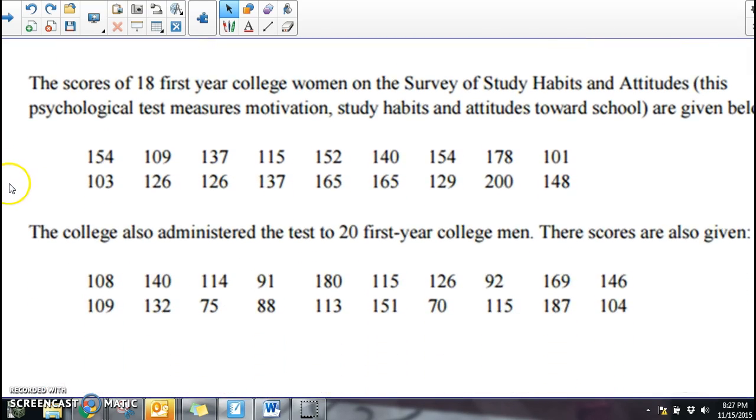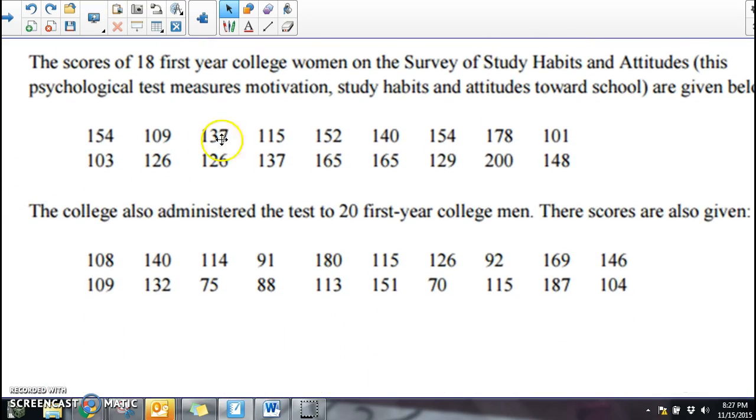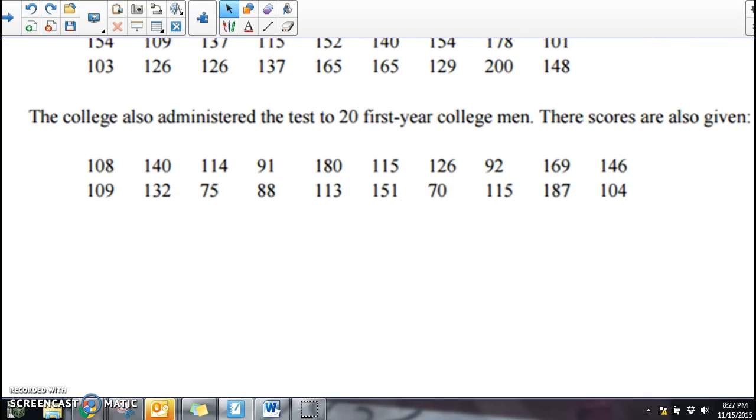So what I have is an example of actual data about women and then men. So I'm going to take you through how to build them, one about men, and then I'm going to show you how we do a back-to-back.